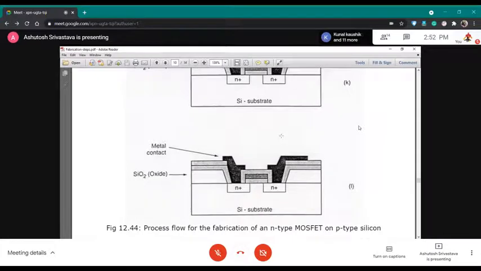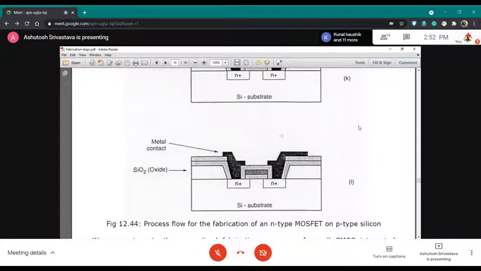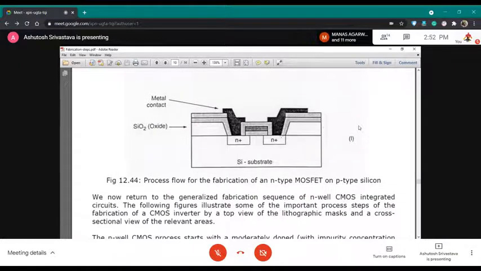So again, you do all kind of steps to get the pattern, and what you are having here is a source with metallization and the drain with metallization.